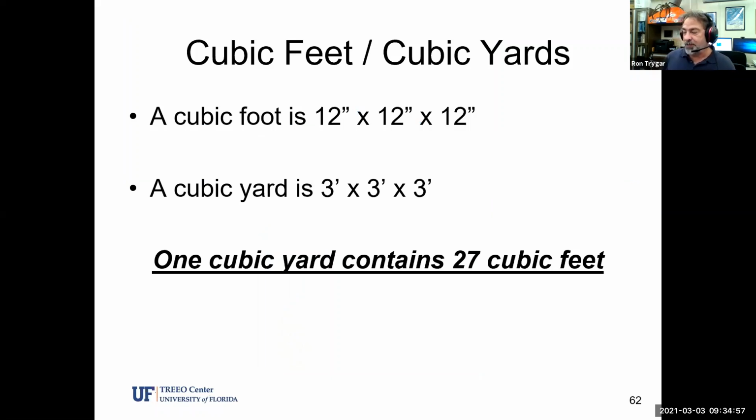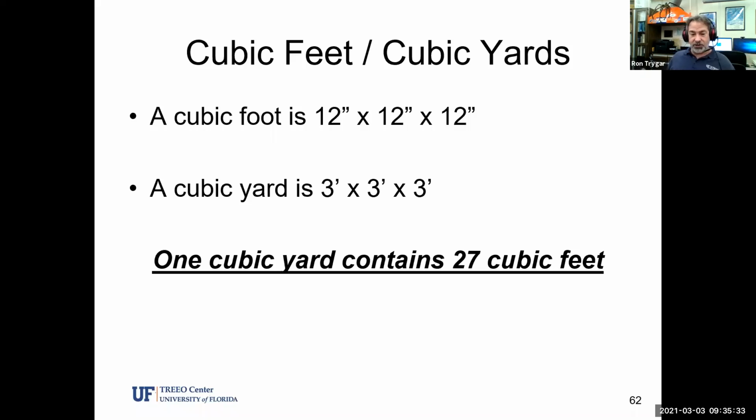First things first, remember that a cubic foot, a box that's a cubic foot shape, is essentially 12 inches by 12 inches by 12 inches. It's a three-dimensional shape, 12 by 12 by 12 inches. That's a cubic foot. Now, if you have a cubic yard, how many cubic feet boxes would fit into a cubic yard? Think about this.